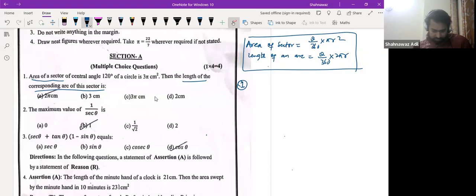Got the answer, 3 pi. So 3 pi you have got. So the arc and the area of the sector are both the same.